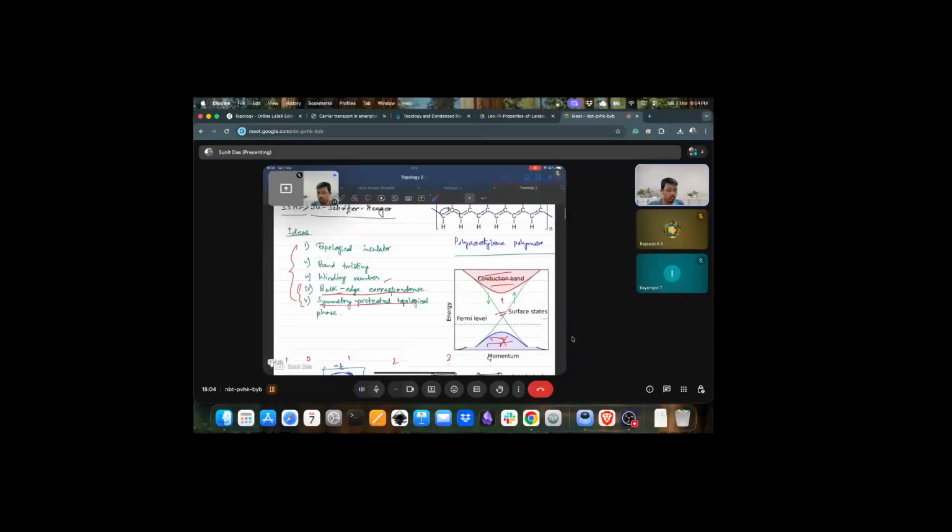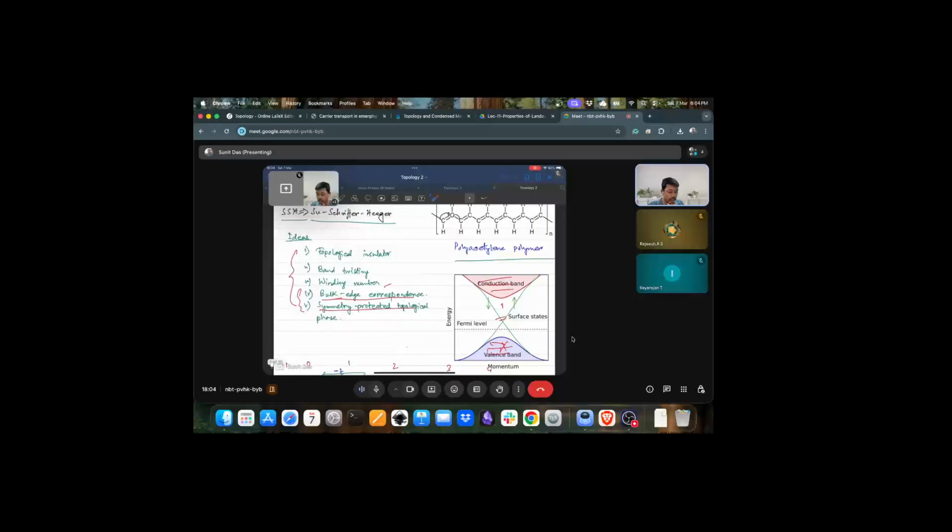All these things are needed to understand why we need a different description for understanding a few insulators which are different from conventional insulators. Although in terms of band structure they're the same, there are a lot of other things that are not the same between this topological insulator and a trivial insulator.